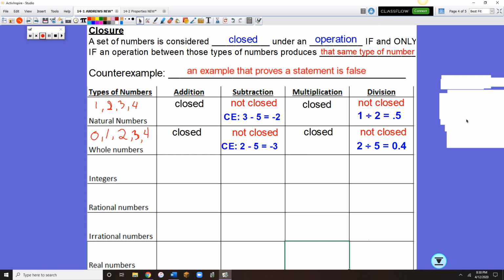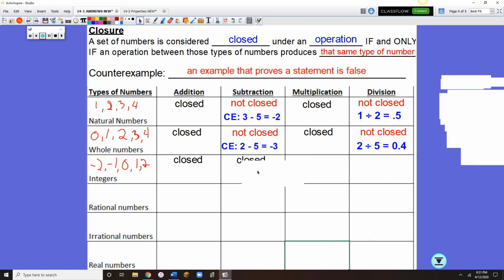Okay? Integers, remember that includes your positive and your negative numbers that are whole. So like -2, -1, 0, 1, 2. Addition is closed. Okay?